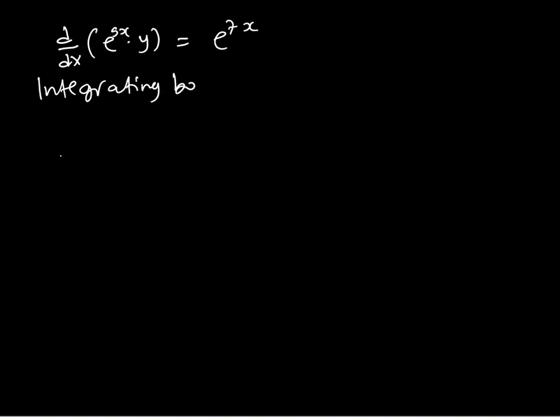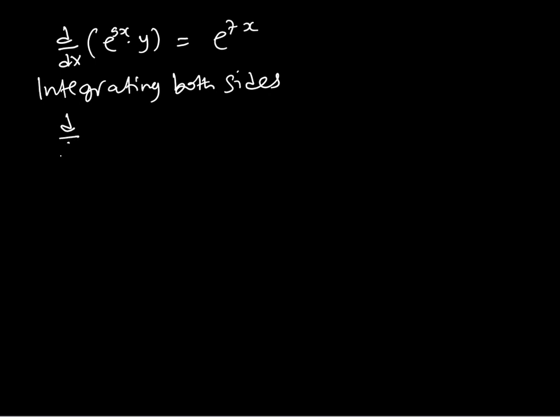So we are having d by dx of e to the 5x times y is equal to e to the 7x. Now integrating both sides, what do we get?